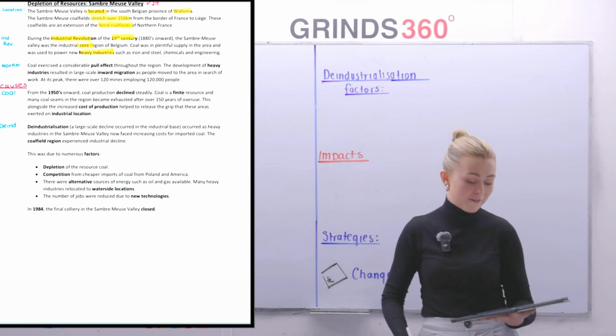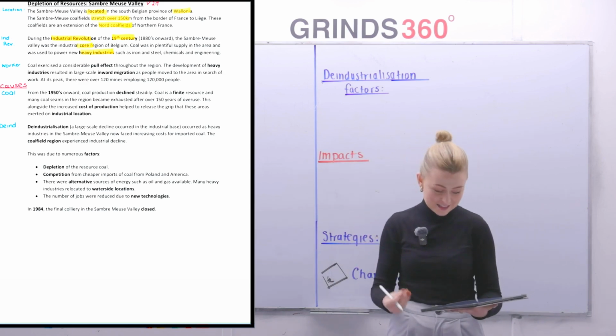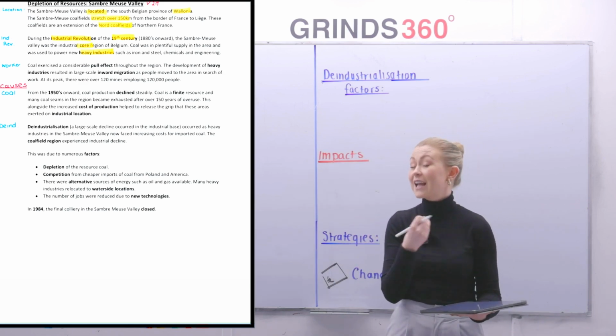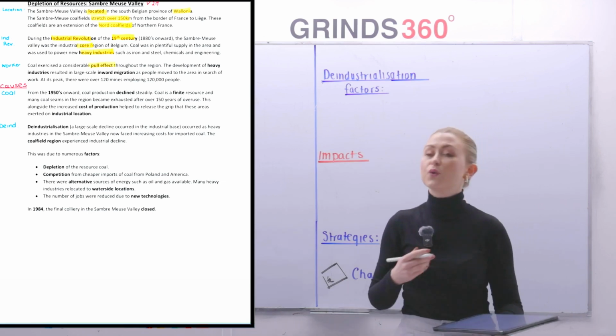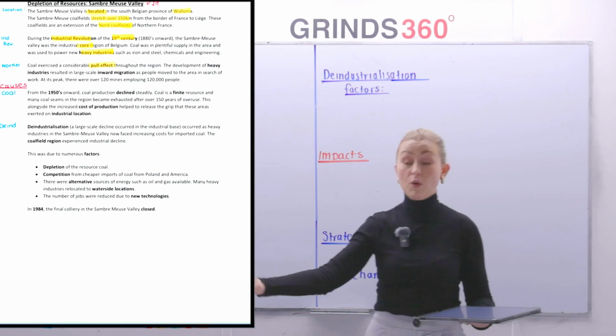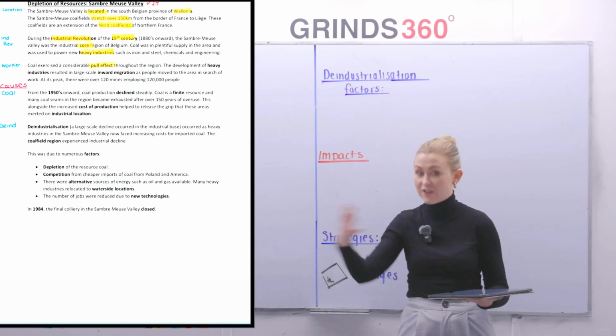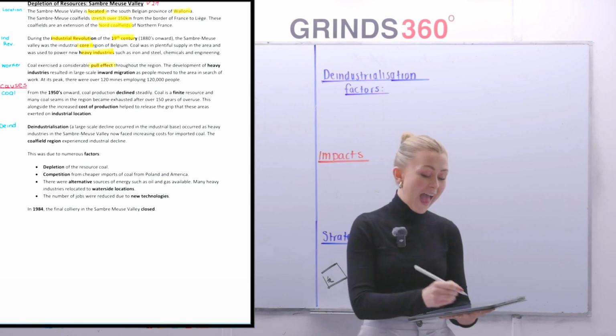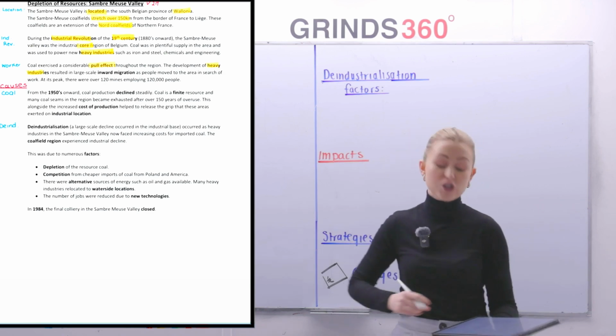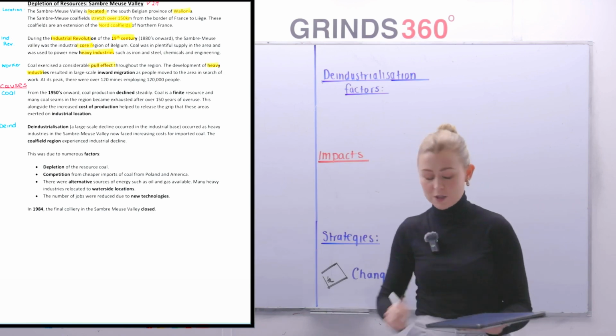Our next paragraph. Coal exerted an extensive, highlight the words, pull factor throughout the region. Not only with multinational companies or heavy industries, but also with people. The development of heavy industries resulted in large-scale inward migration.